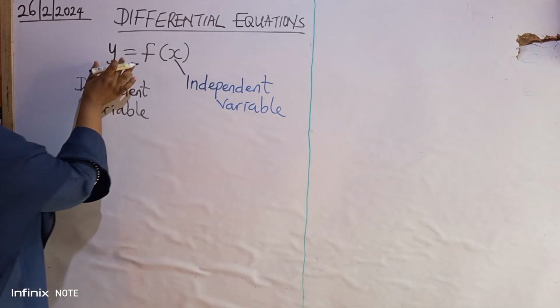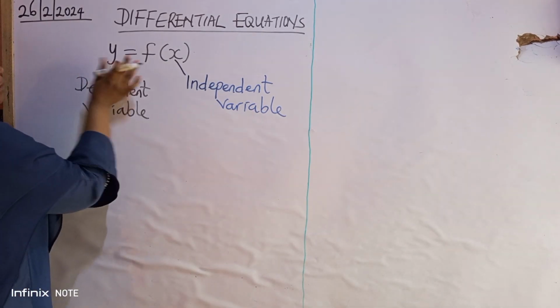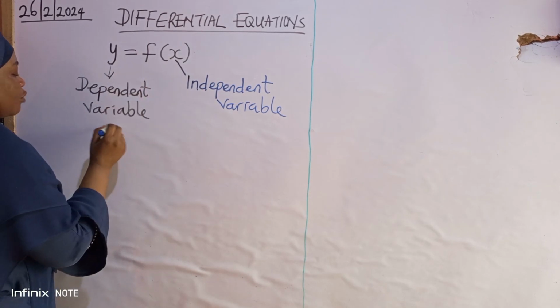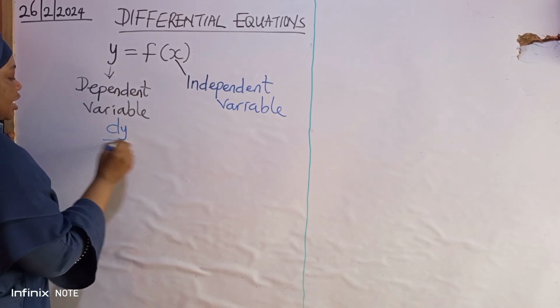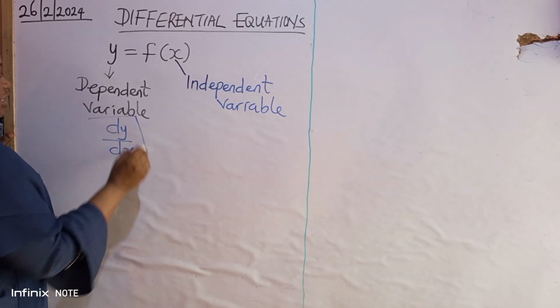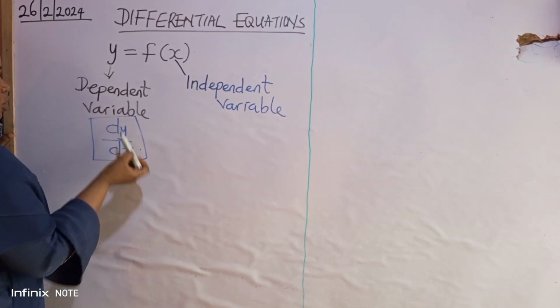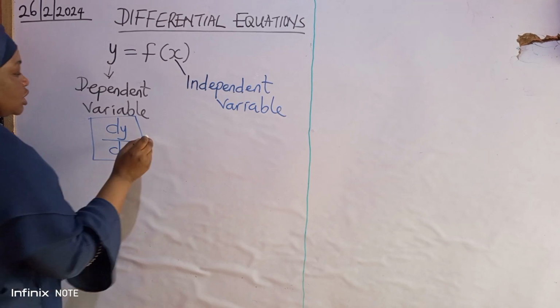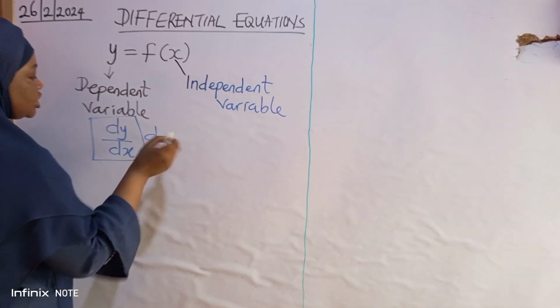So if we now differentiate y with respect to x, we're going to have what? dy/dx. So this one is called the derivative of y with respect to x. So this is the derivative or differential.